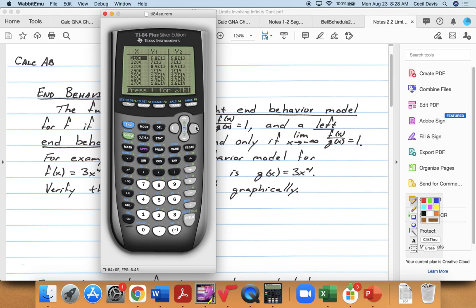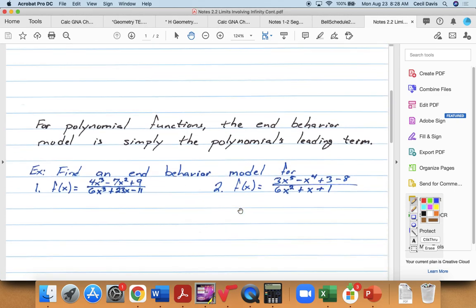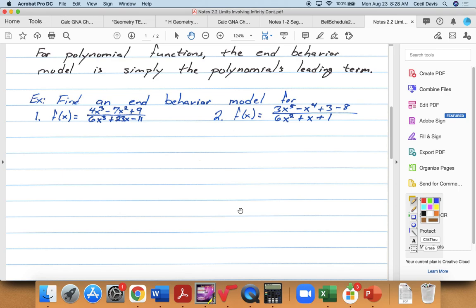And you can see that those are pretty big numbers, 1.6 times 10 to the 14th at 2,700. That's a big number, but it's the same big number, right? So we've showed that they are doing the same thing graphically.